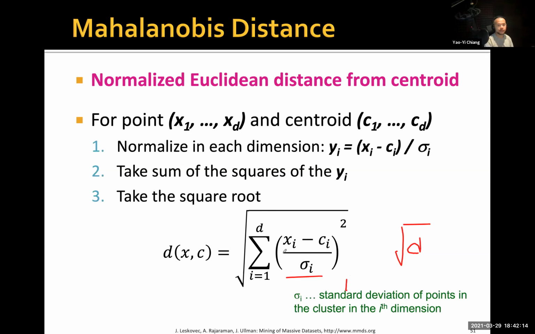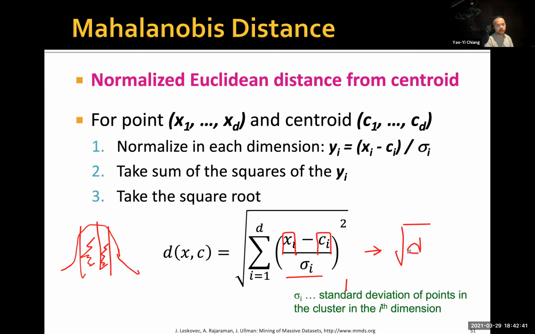That means in every dimension, your data point is one standard deviation away from the centroid. One standard deviation away, and that has to be for every dimension. So you have a square root of d. This is very cool.